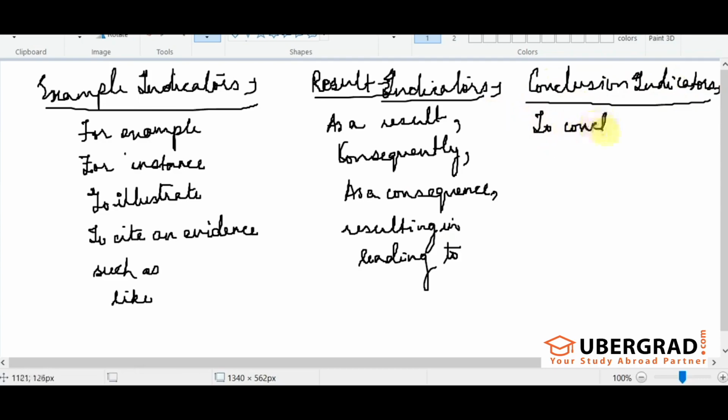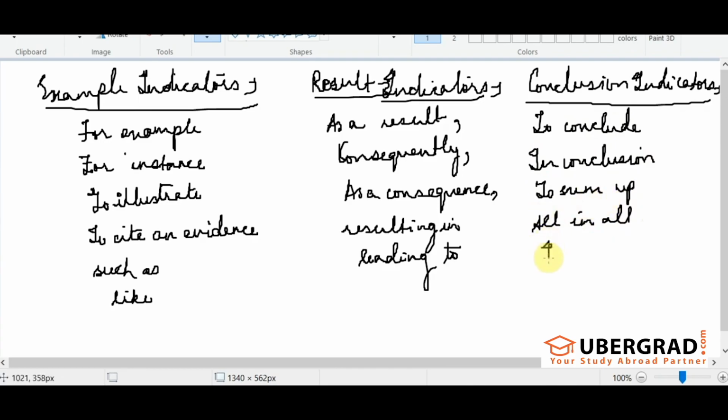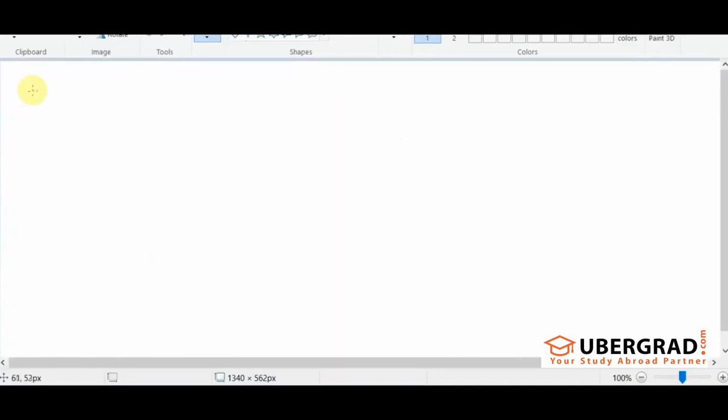To conclude, in conclusion, to sum up, all in all, in total, to summarize. So these were cohesive devices that we should use while we are writing an essay.